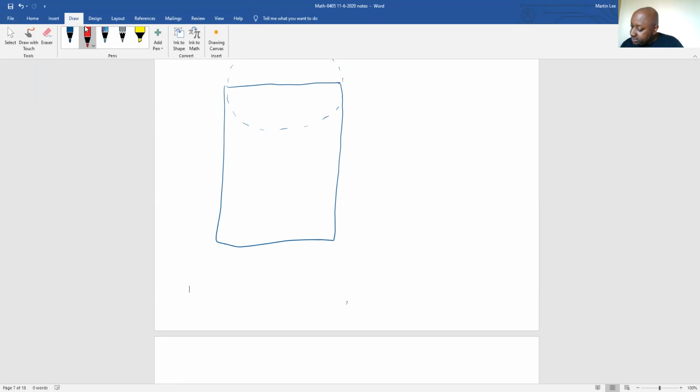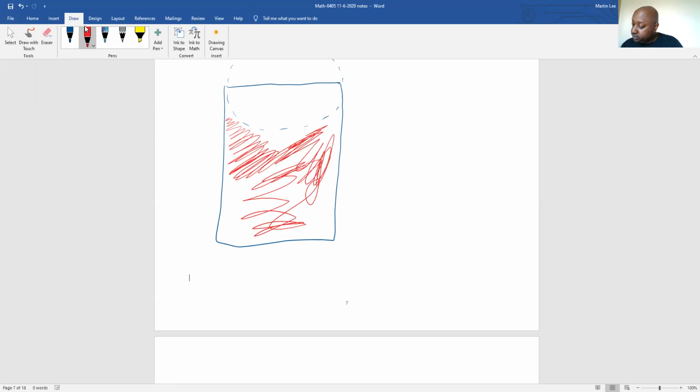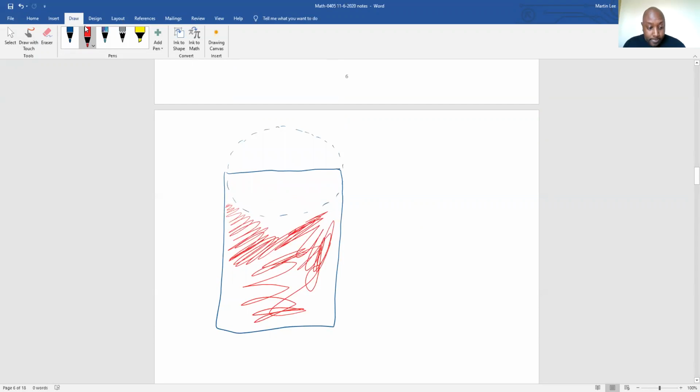But what I want to find is this, the area that I'm shading in now. And this rectangle has a length of 6, and it has a width of 4.